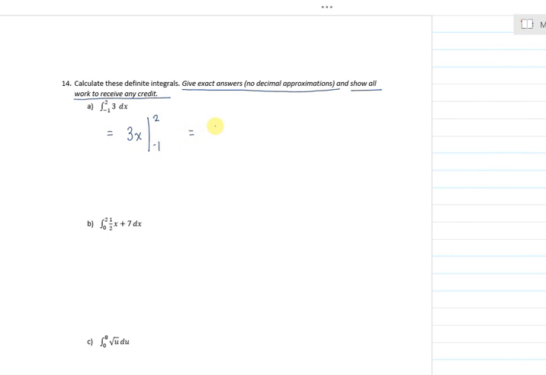So first we plug in the 2, we subtract, and we plug in the negative 1. That's what this notation means. Sometimes people write it like this with a tall bracket. I'm fine either way. I do want to see this step where you plug it in. You don't have to write any more steps after that besides the answer, because if you type this in your calculator, it's fine.